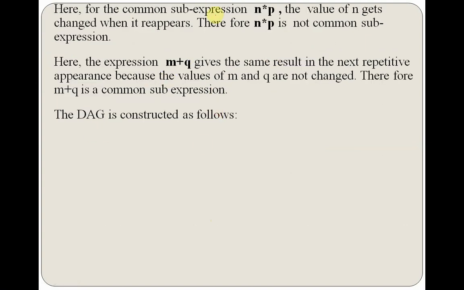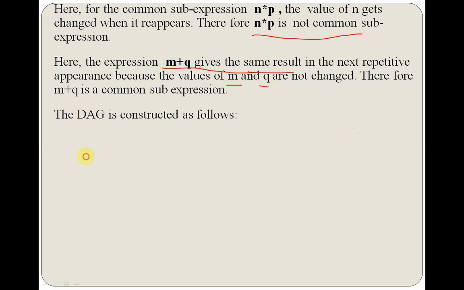See here. From the analysis, we have identified that n into p is not a common sub-expression, but m plus q is a common sub-expression, because the expression m plus q gives the same result in the next repetitive appearance, because the values of the operands involved in this expression, namely m and q, are not changed since the last occurrence of the same expression.